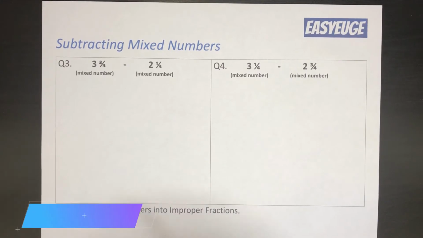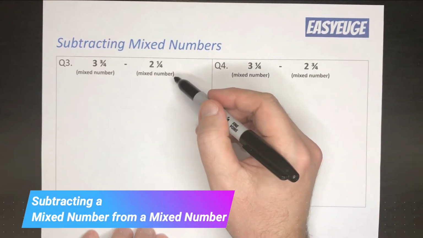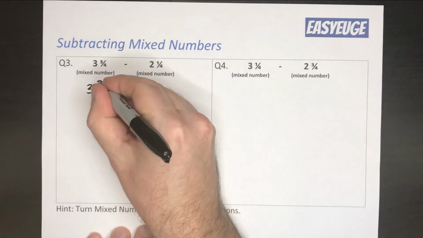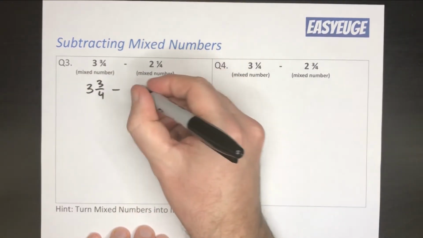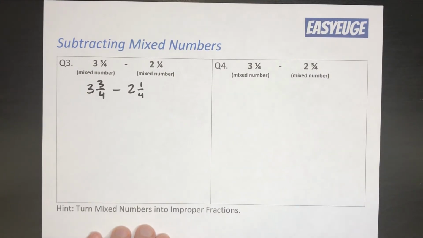Question 3 is where we're going to take a mixed number, 3 3/4, and we're going to take away another mixed number. So this is subtracting mixed numbers. Let's write this down. 3 3/4 take away 2 1/4. Let me show you a very quick way of working this out.